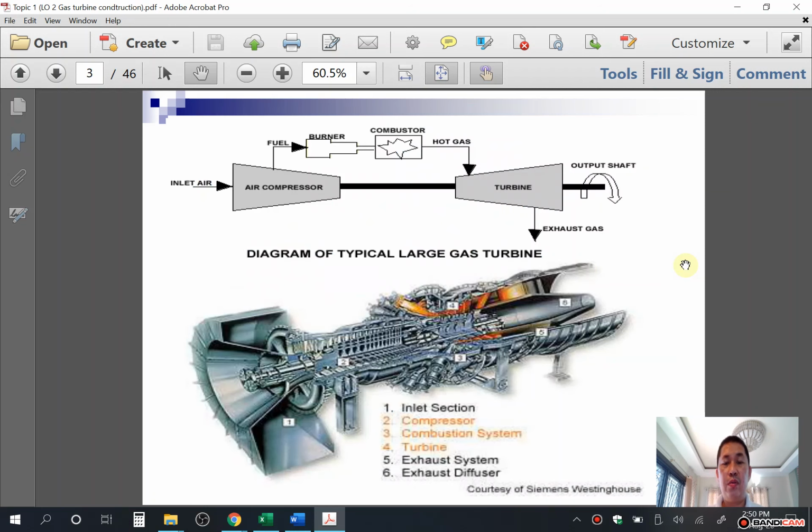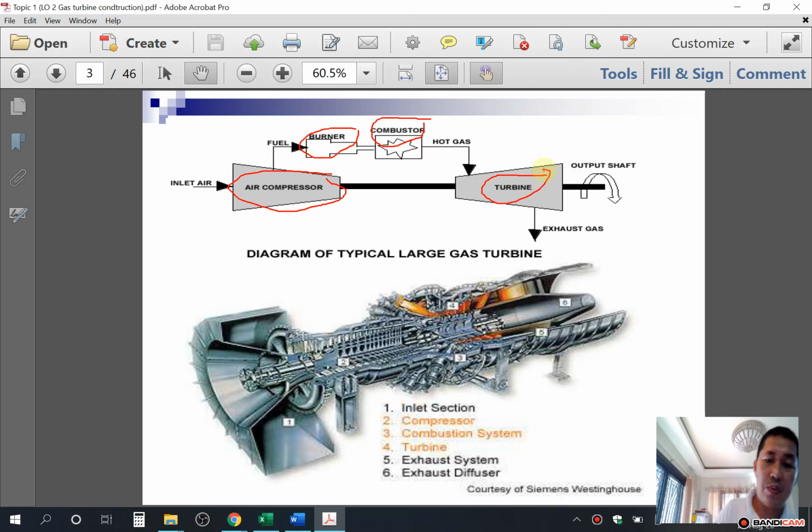So now we are here in the basic components. We have the compressor or the air compressor. The second is burner. The third is combustor. And we have the turbine.